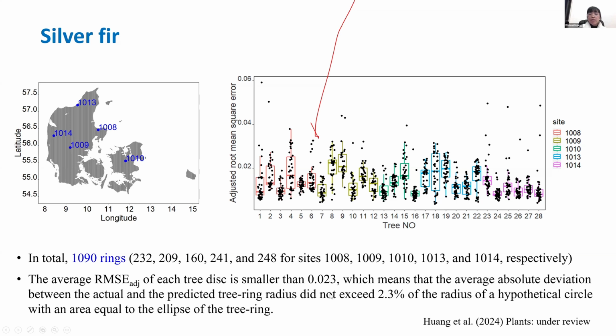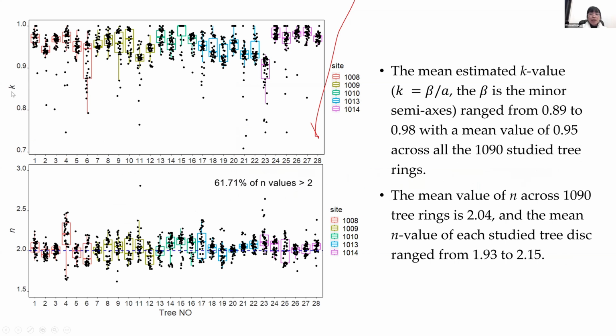So when we increase the number to include a large number of tree rings, we tested and found the superellipse function can still fit the tree ring shape of silver fir very well. We also calculated its K value and the N parameter.